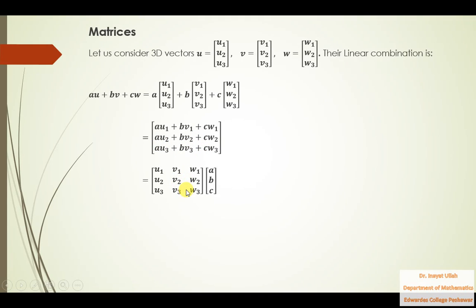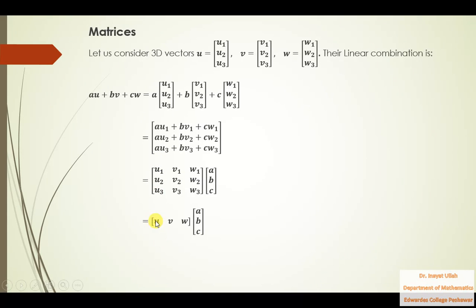So let us denote this vector. This vector is already denoted by u here. These components are actually the components of u. So this whole vector is u, and this whole is v, and these are the components of w vector. So that is a matrix containing vectors in the form of columns.